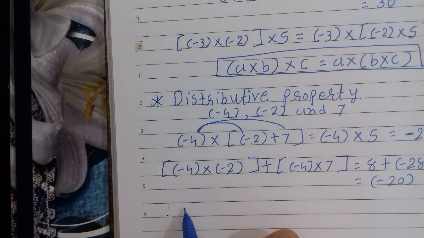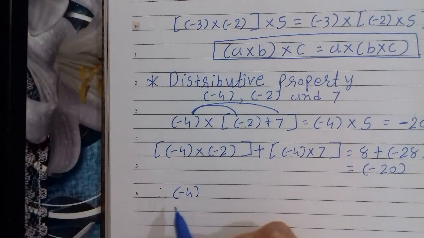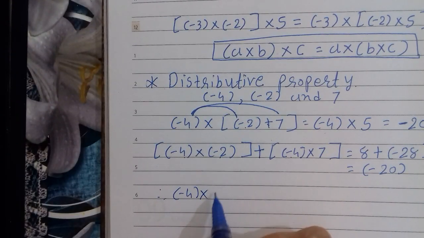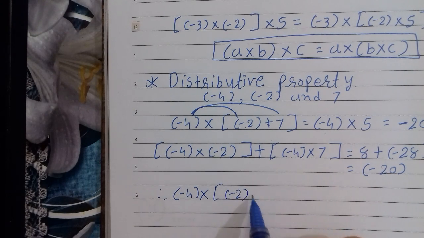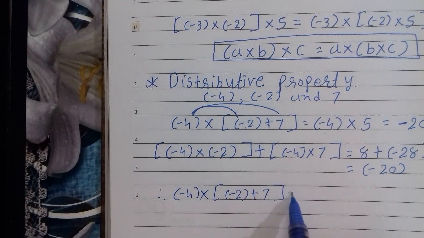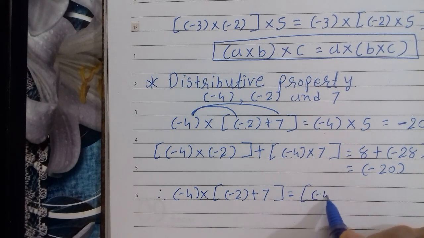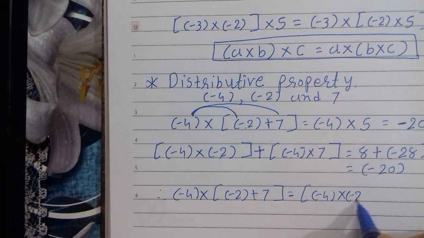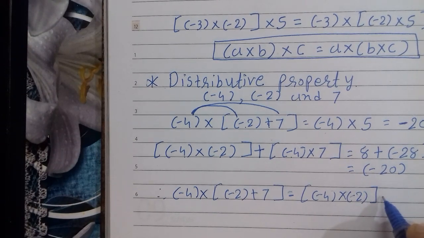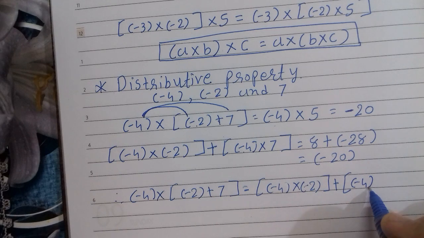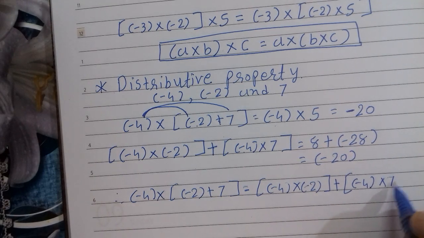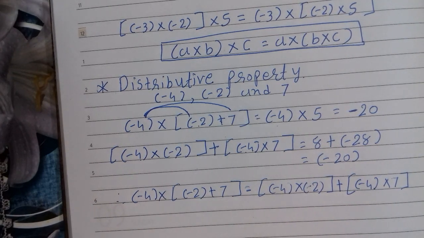You can see minus 4 multiplied by minus 2 plus 7 is equal to minus 4 multiplied by minus 2 plus minus 4 multiplied by 7.